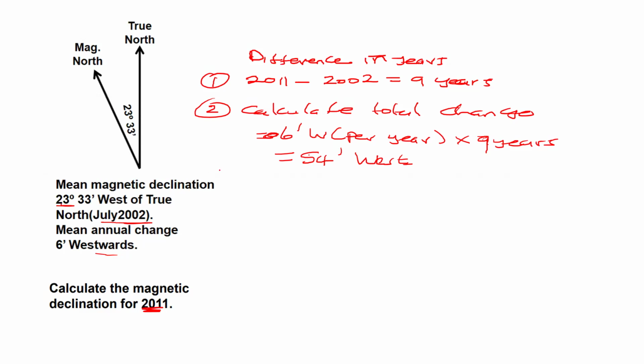Now number 3, we can calculate the magnetic declination for 2011. So let me just write MD for 2011. How do we go about that?